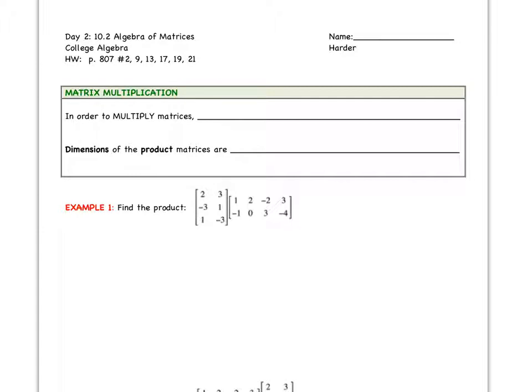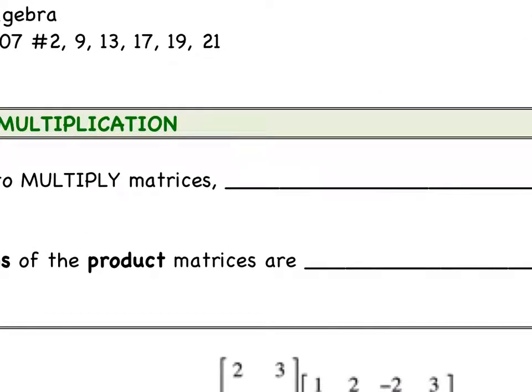Alright, so we're going to talk about matrix multiplication today. To get started, in order to multiply matrices, the columns of the first matrix have to match the rows of the second.